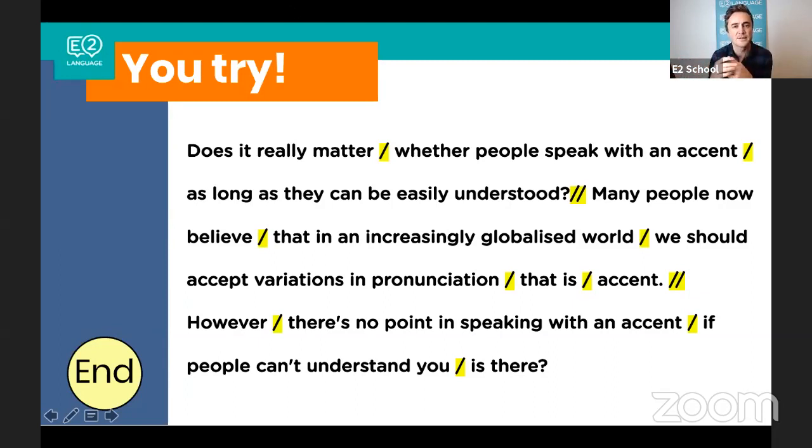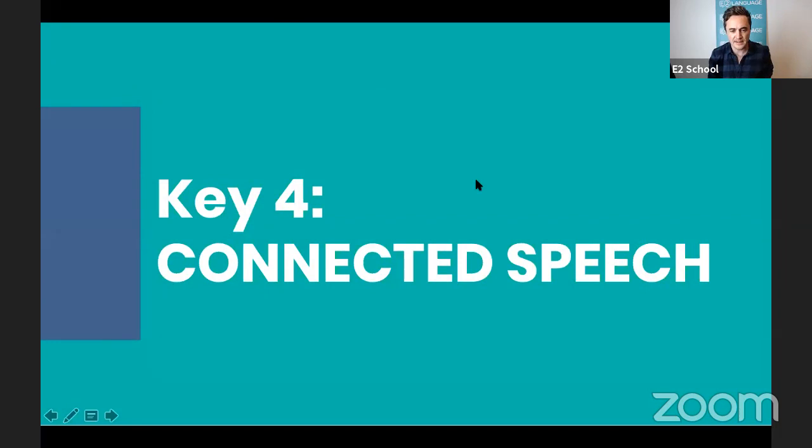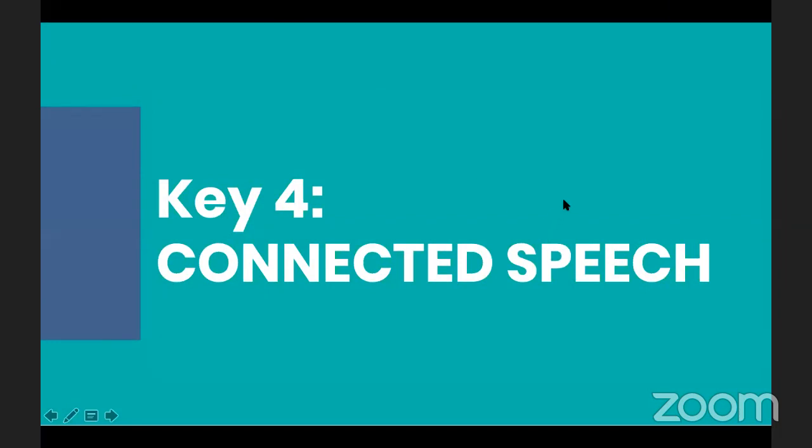These are elements of fluency, to be fluent in a language. Being fluent doesn't just mean you speak really quickly, okay? There's that element where you don't have to search for vocabulary and you don't have to think about grammar, for example, but certainly pausing is a part of fluency. All right, let's look at connected speech because this is probably the most difficult element of spoken language, especially when you're listening.